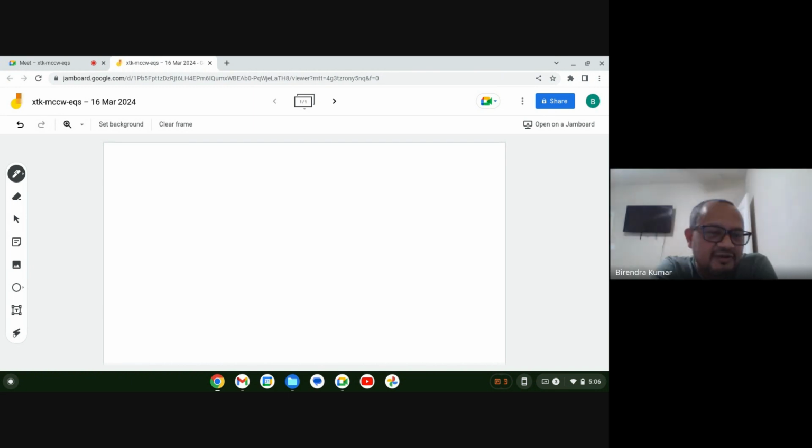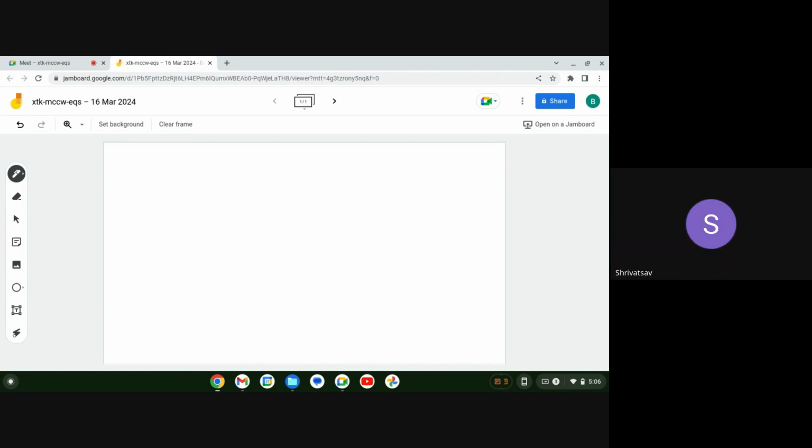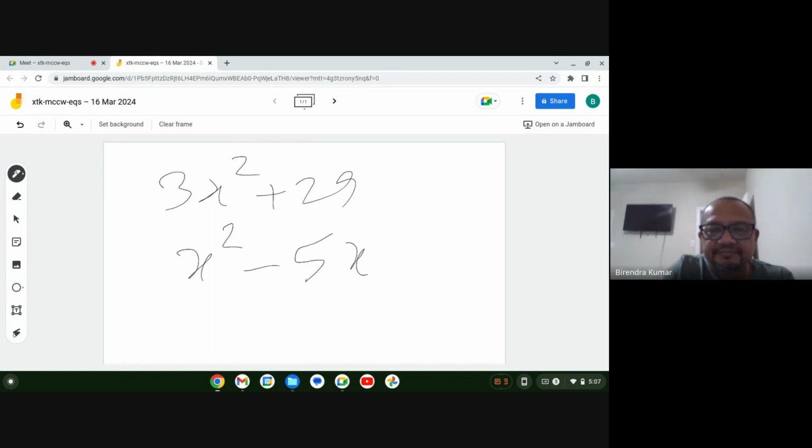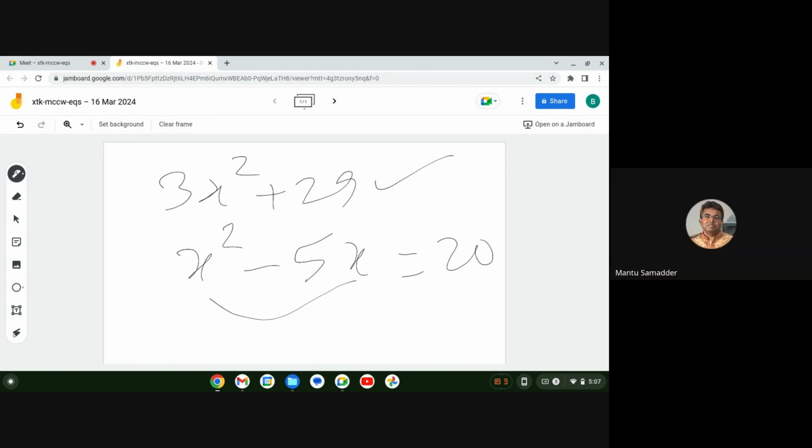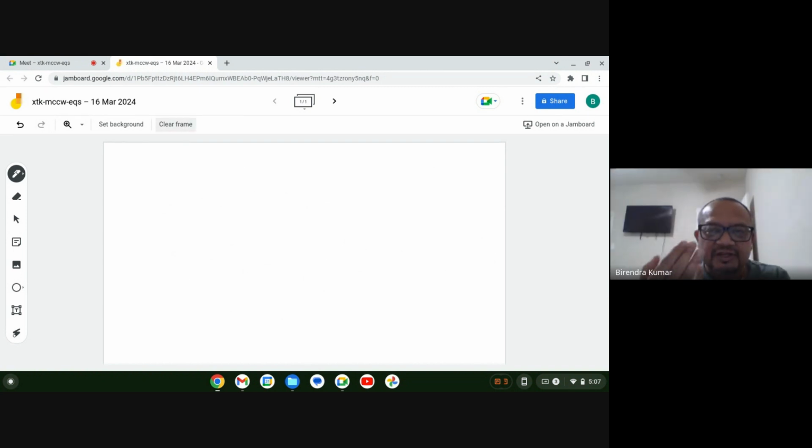An expression is just a stated thing that can be reduced or increased, and an equation can be solved. This one is expression. This one is equation.